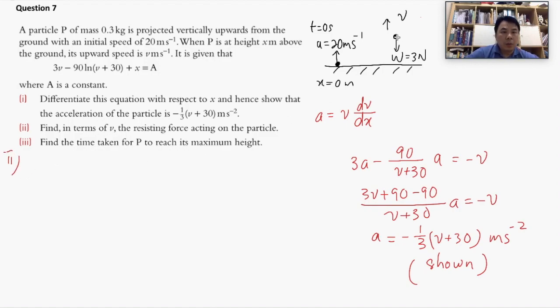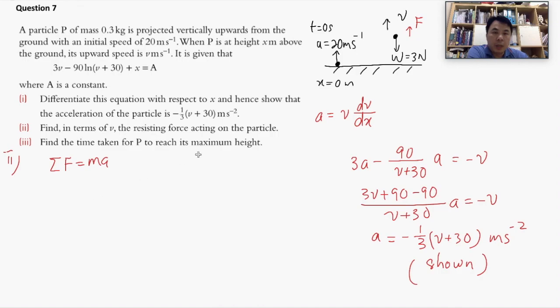Now, as the object falls due to its weight, there is a resistive force based on this. So therefore, we're going to label the resistive force as F. Now, based on Newton's second law, resultant force is directly proportional to its acceleration, as usual.